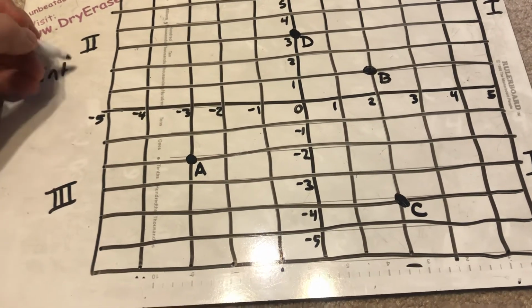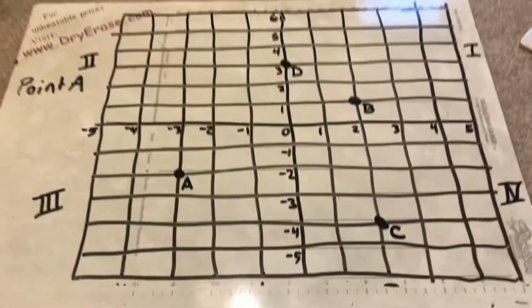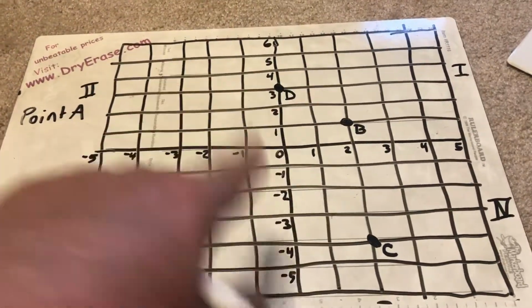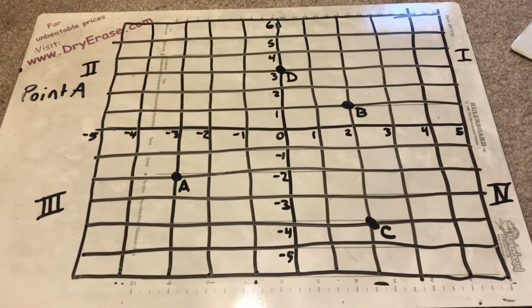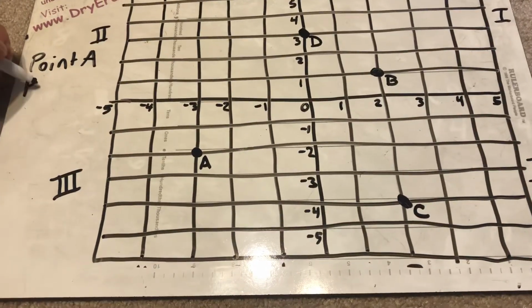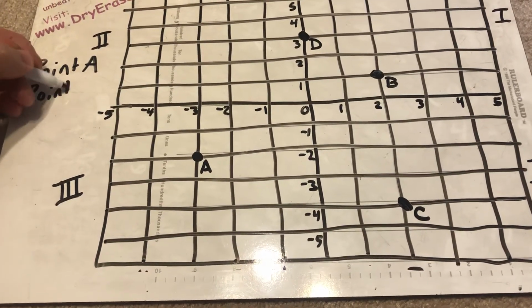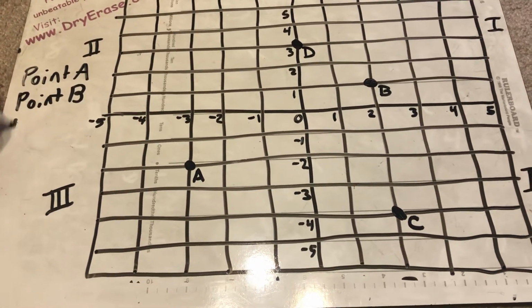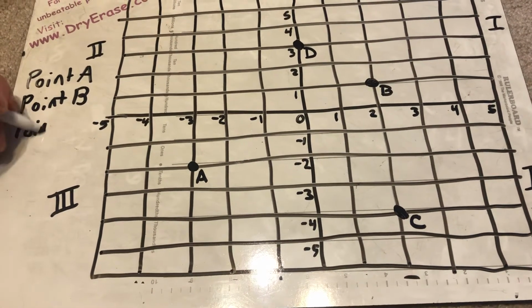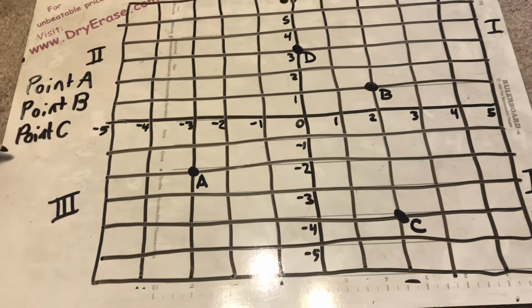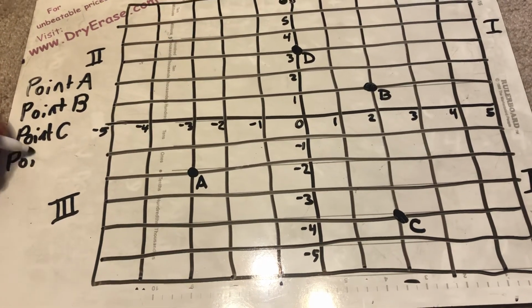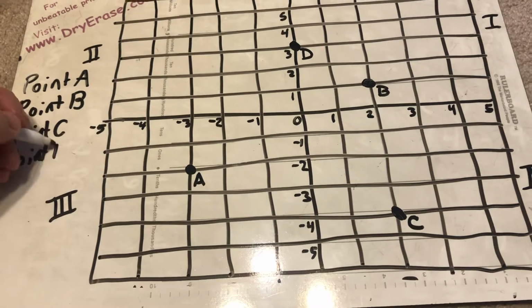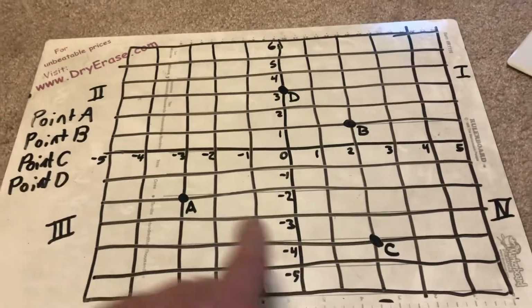You're going to be given a graph that looks similar to this, and it's going to have some various points on it. All right, so point A, and we're going to have point B, and we're going to have point C, and we're going to have point D, which is all of our 4 points here.